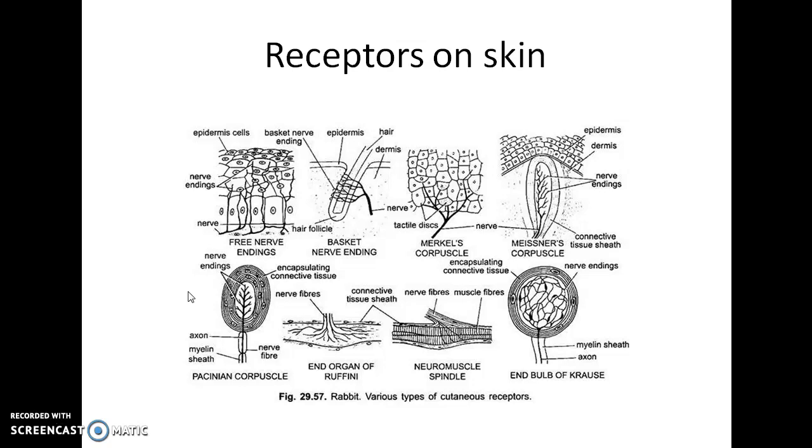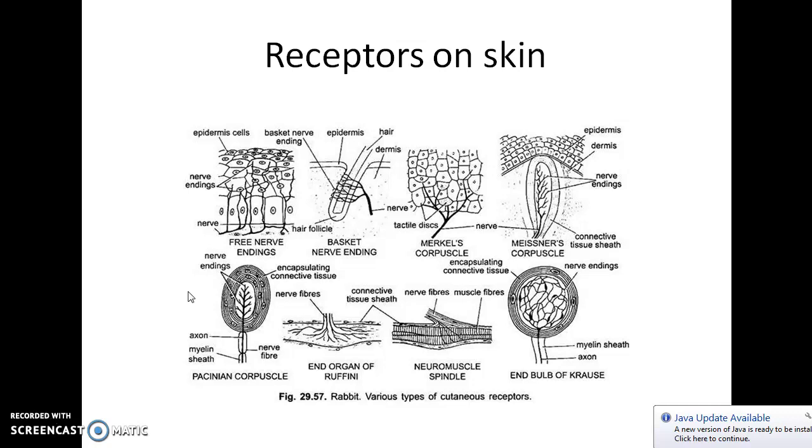in the skin, which include tangoreceptors, that is of touch and pressure receptors, that is Meissner's corpuscles and Merkel's corpuscles.